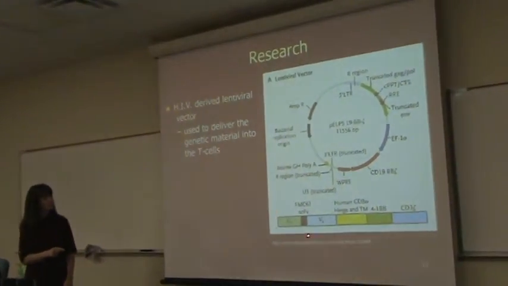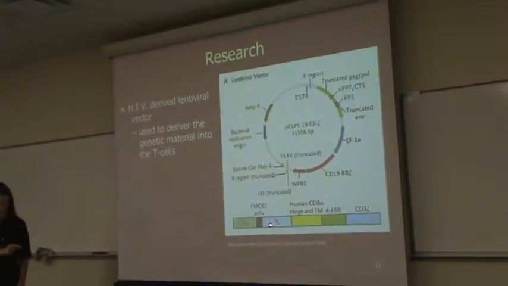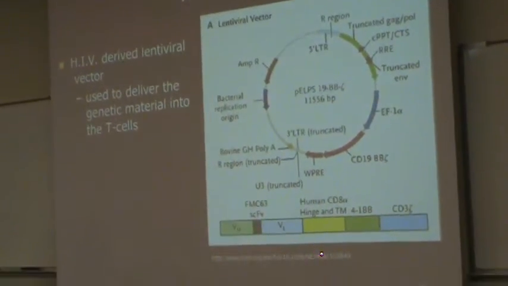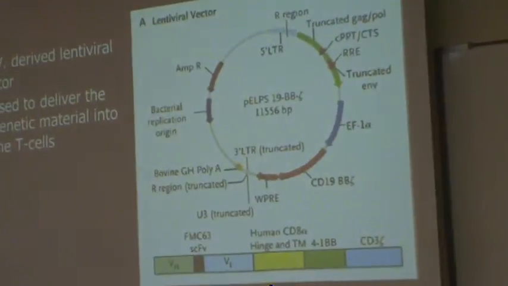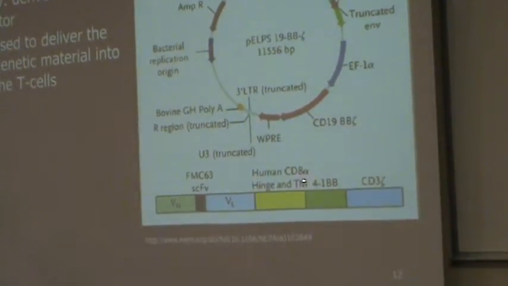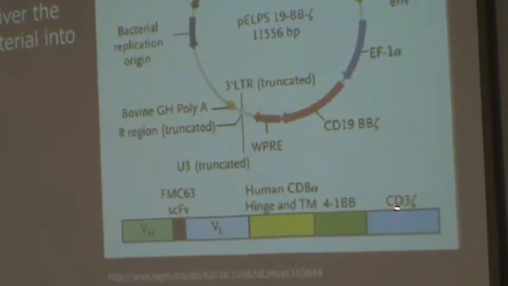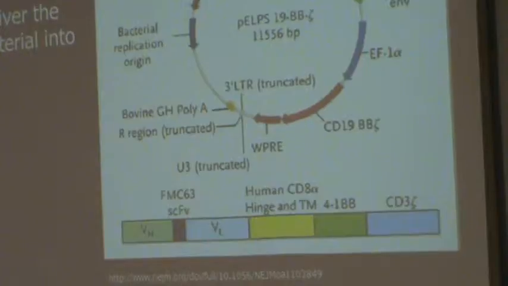So the variable region right here would be what would be on the surface of the T cell, and then you would have your T cell membrane, and then intracellularly you would have the CD137, and you would also have the CD3 zeta chain, and this is what signals inside the T cell.